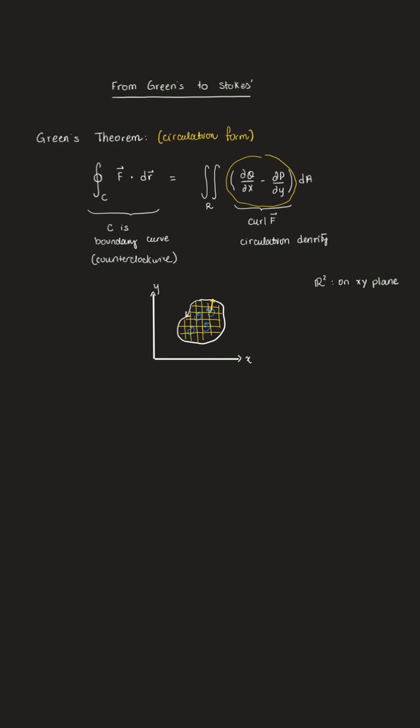So again, on the XY plane, now we're going to work on the right-hand side of our expression of Green's theorem. I want you to recall our idea of curl, when we have a vector field in R2, it is a normal vector, so normal to the plane.